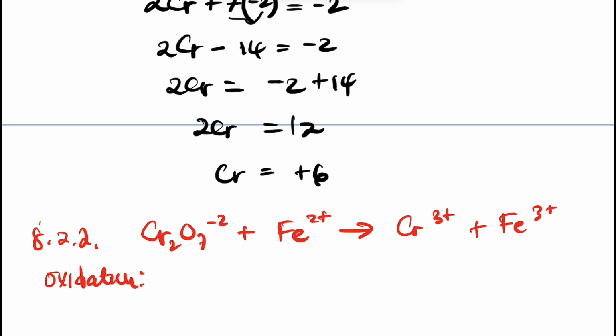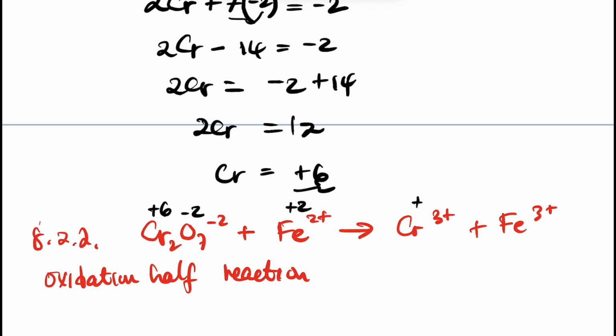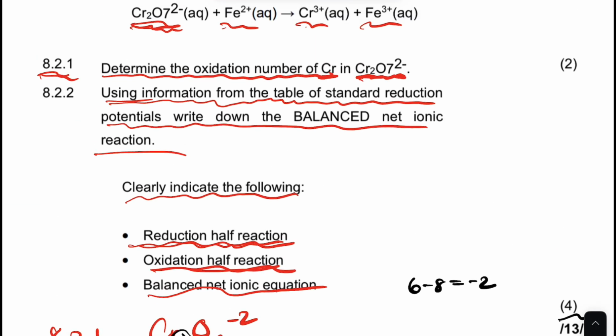Which one is reducing? So now I'm going to write the oxidation half reaction. What do you need to do? You need to assign the oxidation numbers. So the oxidation number for this is plus 6, we just calculated, this is -2, this is plus 2, this is plus 3, and this is plus 3, right?